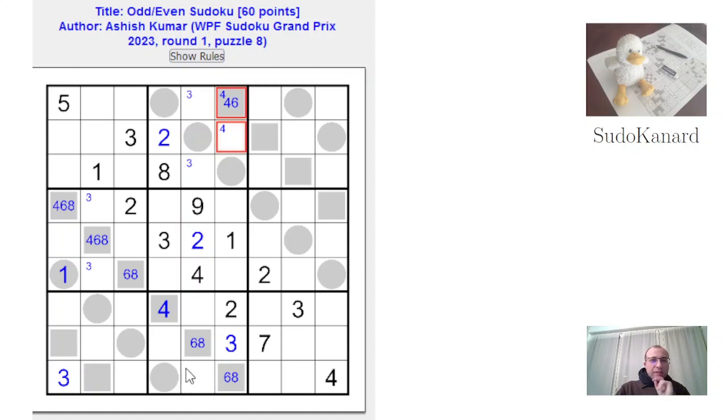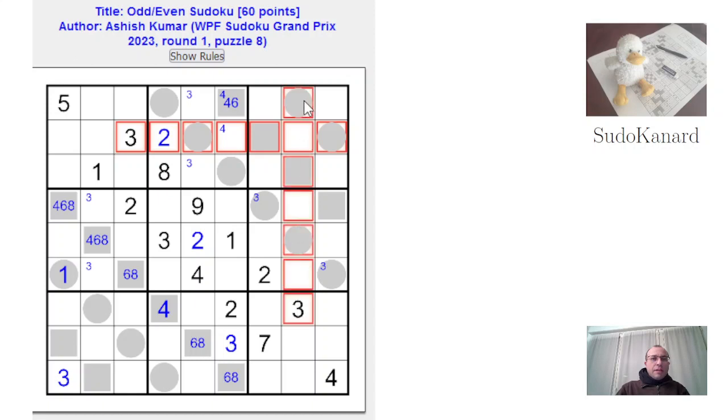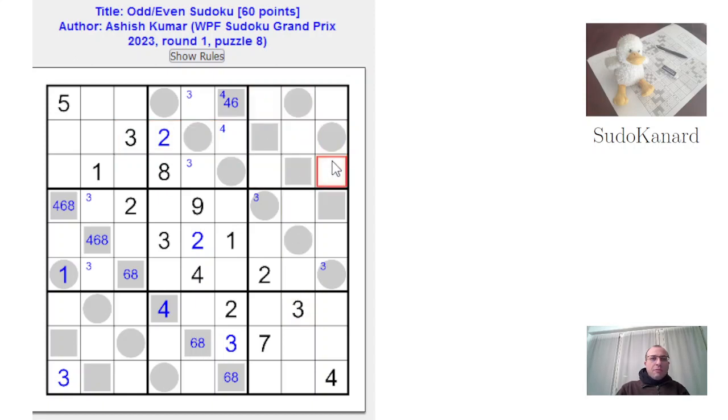Right. So is there something else that would be nice? 3 is not in there, so we must have a 3 in one of those 2 circles. And with that, well, there are 4 positions for 3s in here.